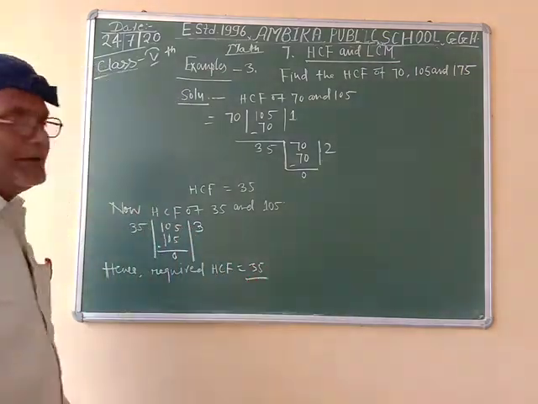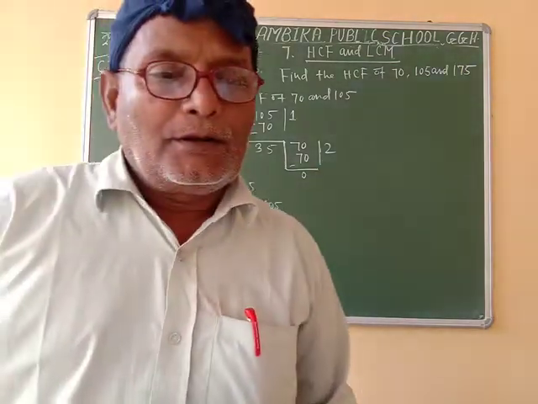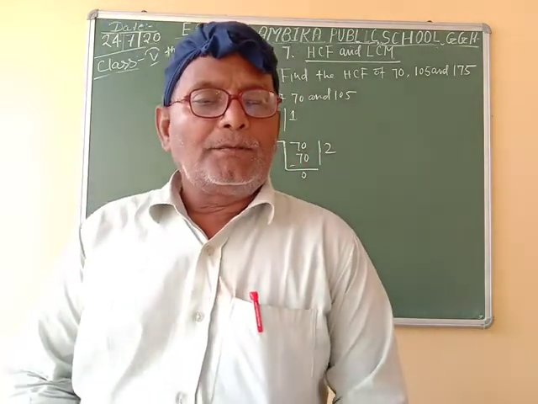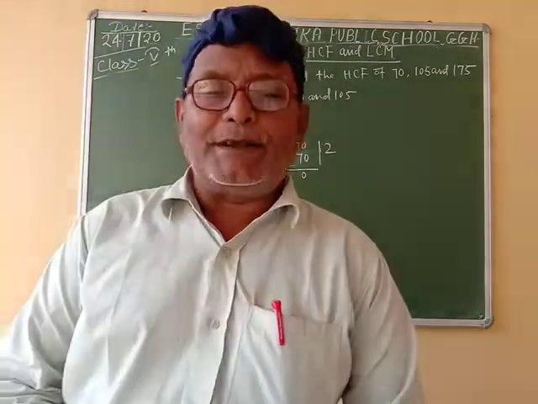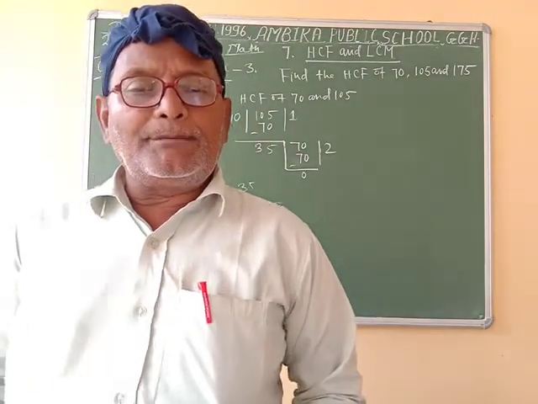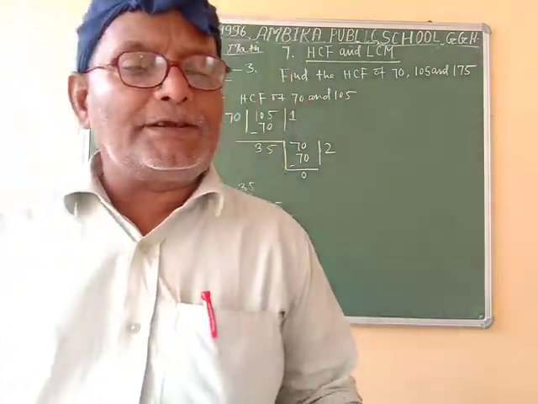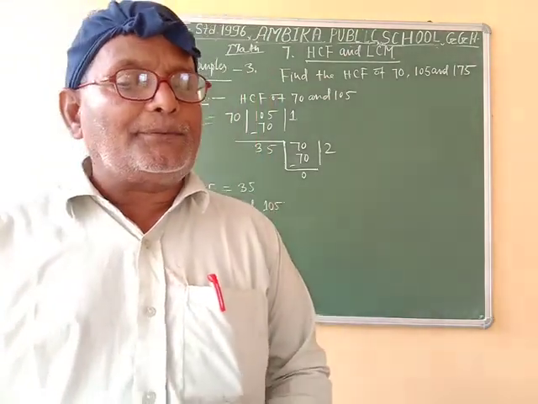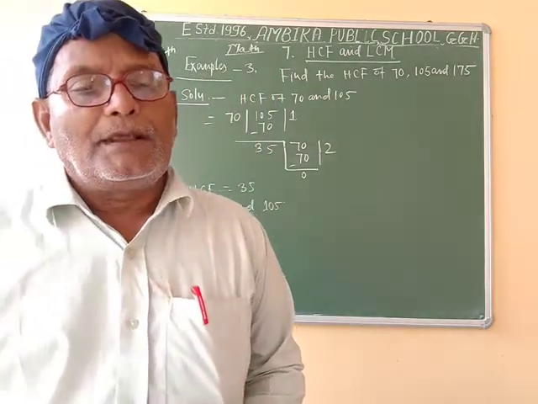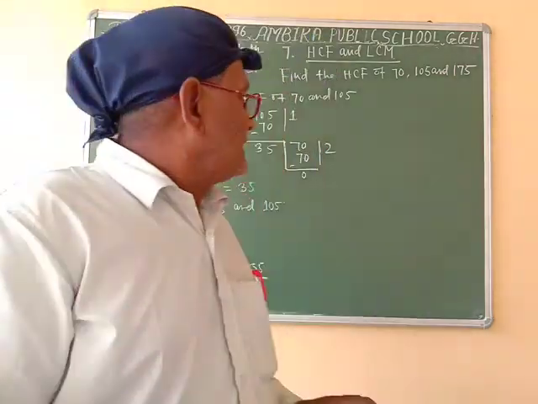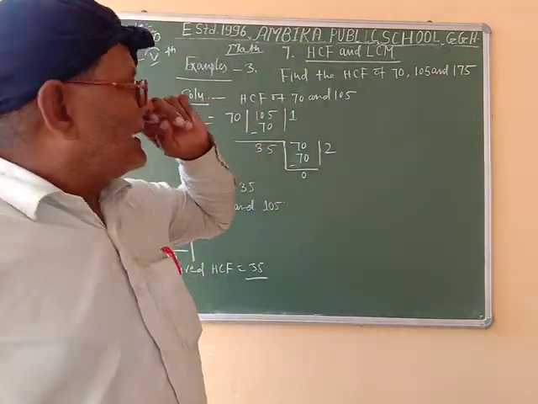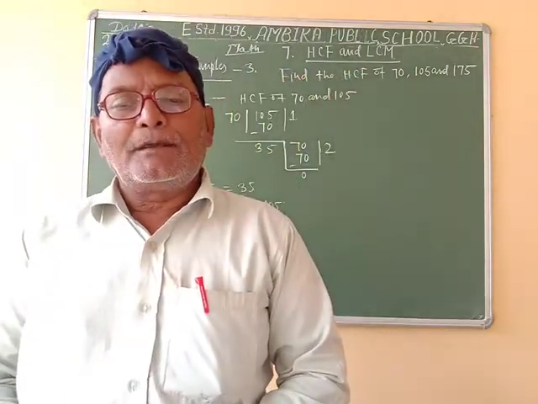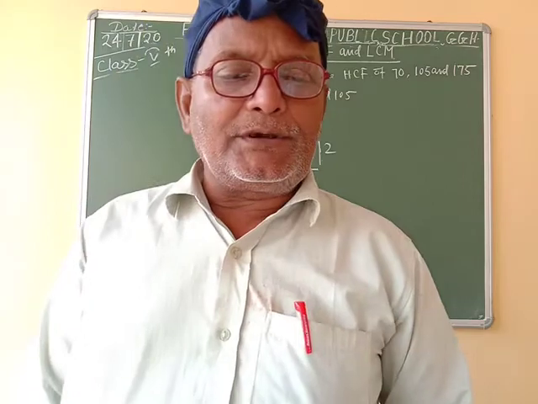So if you are given three numbers, to find the HCF, first of all find the HCF of any two given numbers by the continued division method, and then find the HCF of the HCF obtained in step 1 and the third number by continued division.